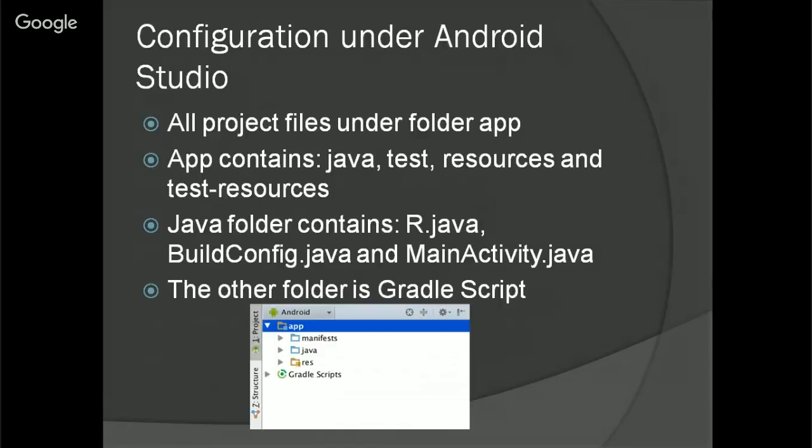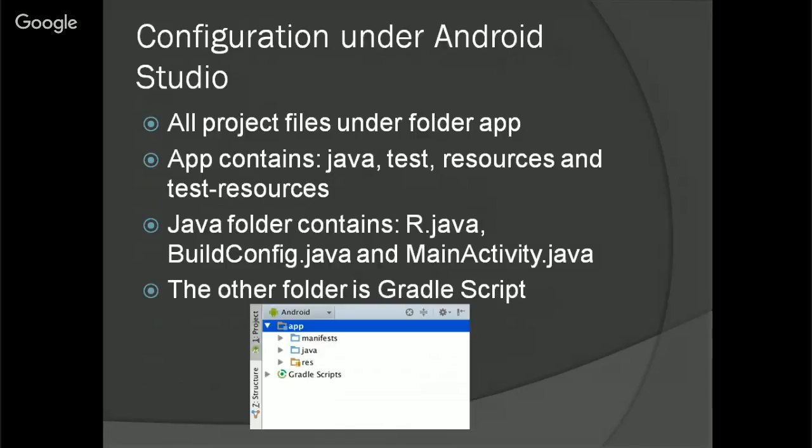And I have shown a simple screenshot over there which shows how your project folder will look. It will have a main app folder, and this folder will contain the entire application code, designs, everything inside of the app folder.